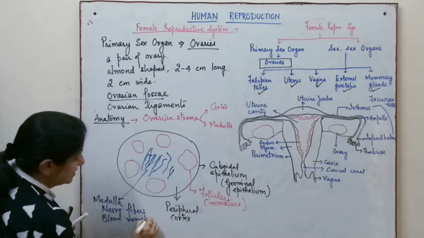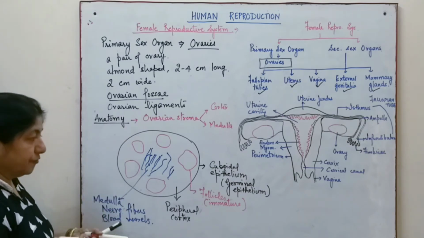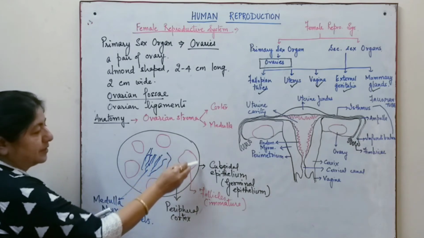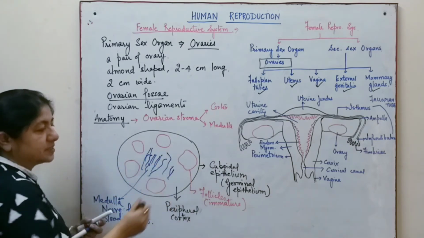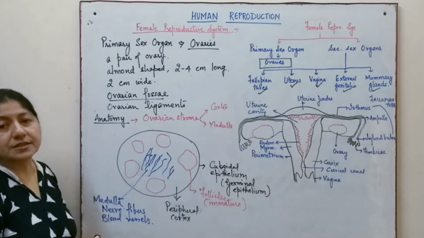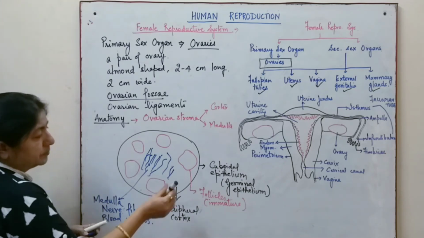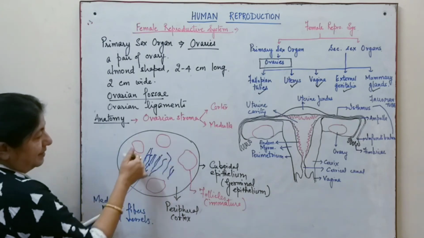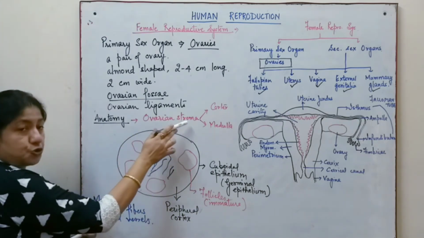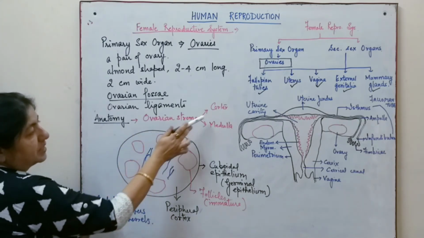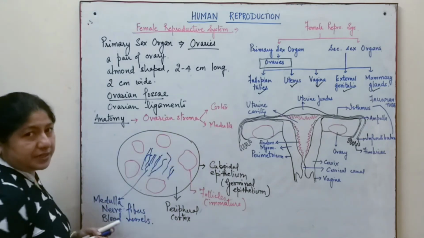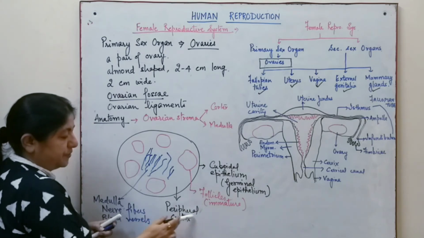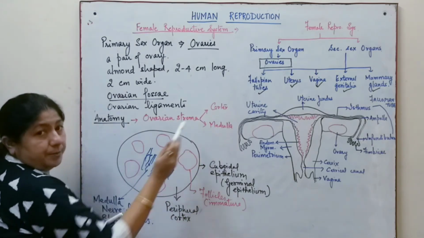So when we study the structure of the ovary, we find that the ovary is lined by a cuboidal epithelium, also known as the germinal epithelium. It encloses an area known as the ovarian stroma, which is divided clearly into two zones: the outer cortex, also called the peripheral cortex, and the inner medulla.